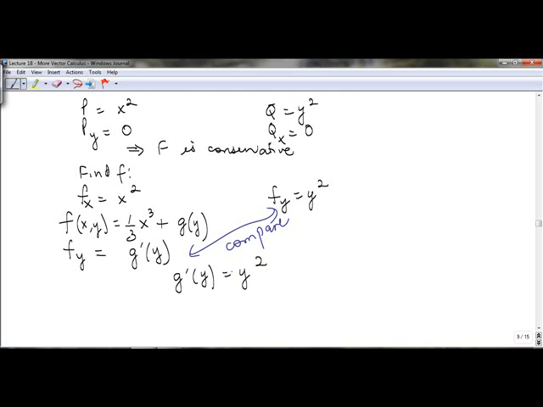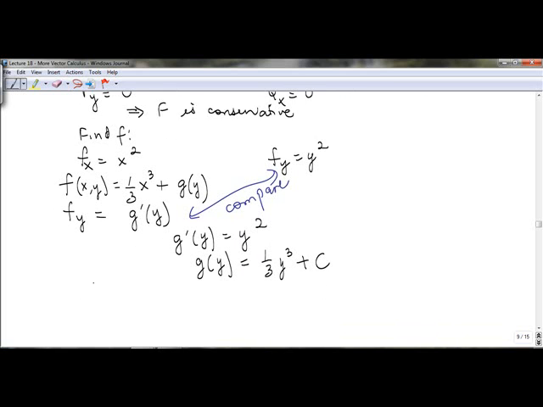What is g of y? 1/3 y cubed plus c. Good. So your potential function, f of x, y, equals 1/3 x cubed plus 1/3 y cubed plus c.